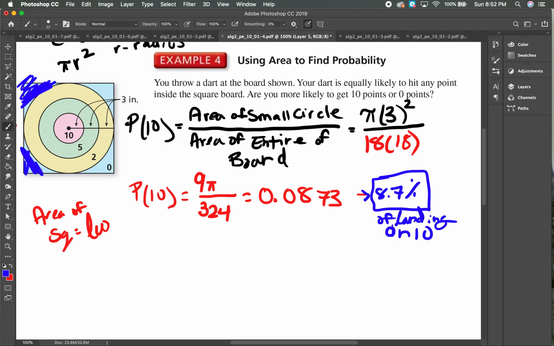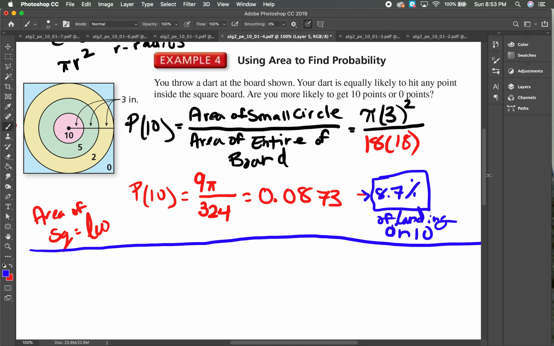So it is essentially the entire board excluding the portion that is inside the small circle, or I'm sorry, the big yellow circle. I wish that I could draw a straight line.